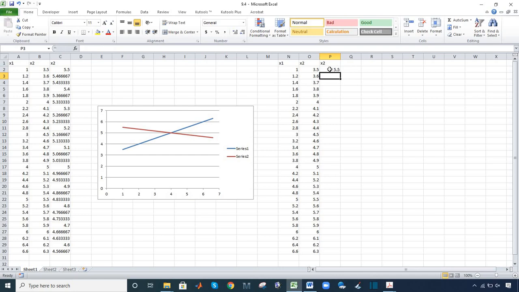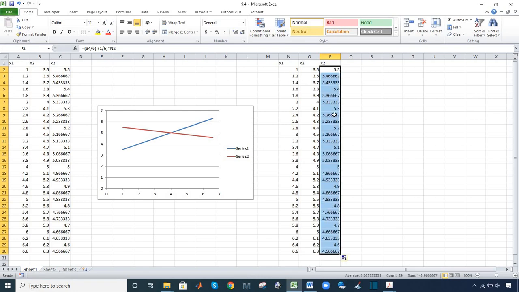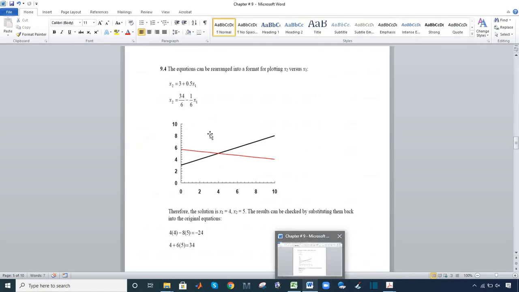Again move the cursor in this box and press, move toward this corner and double click. These are the values which I have obtained to solve this second equation. I have also solved this second equation.